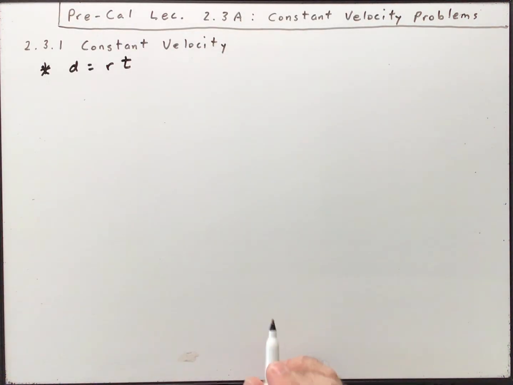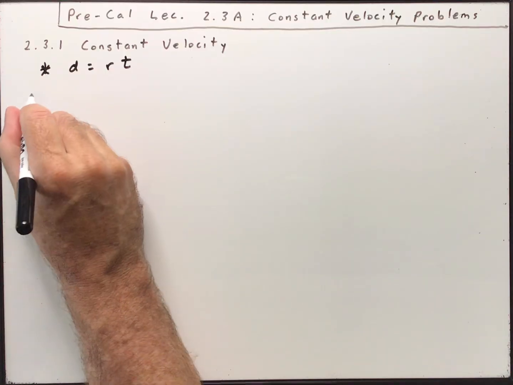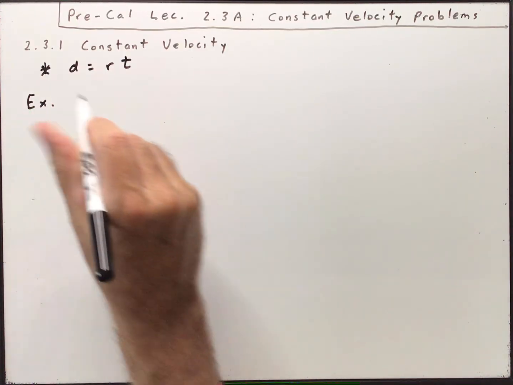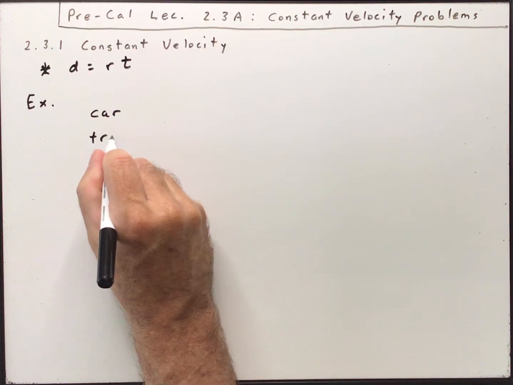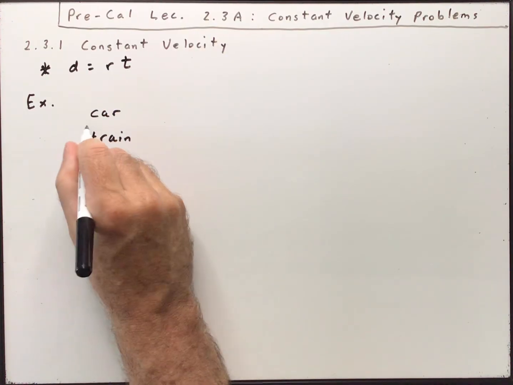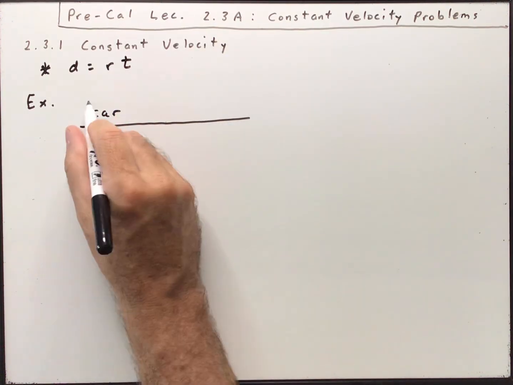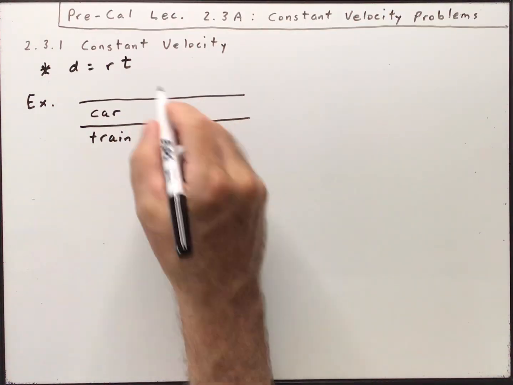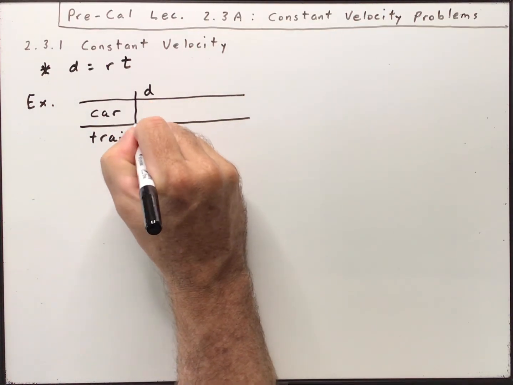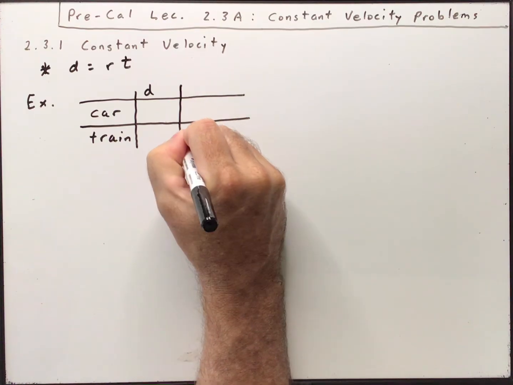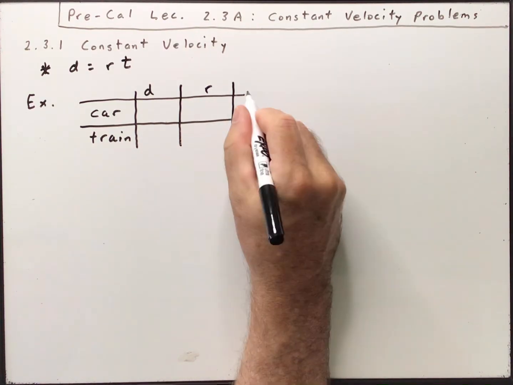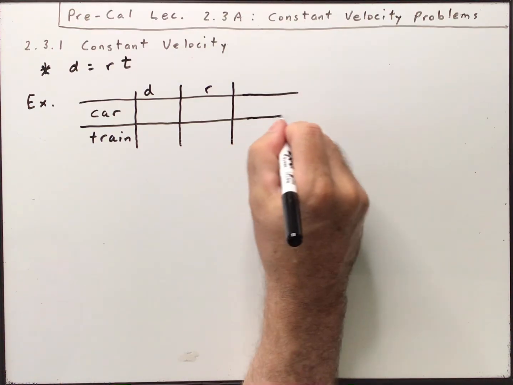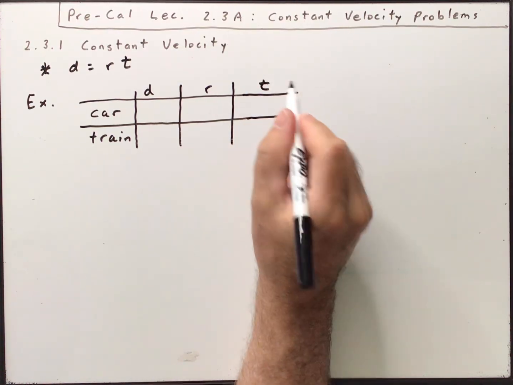All right. Well, let's go ahead and make a chart, and we'll divide this into car and train. So we've got distance, rate, and then time.